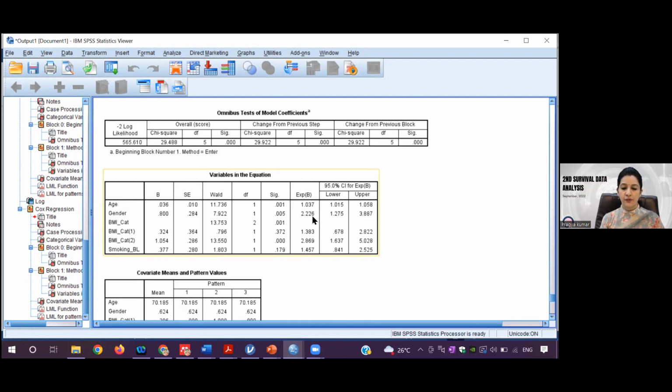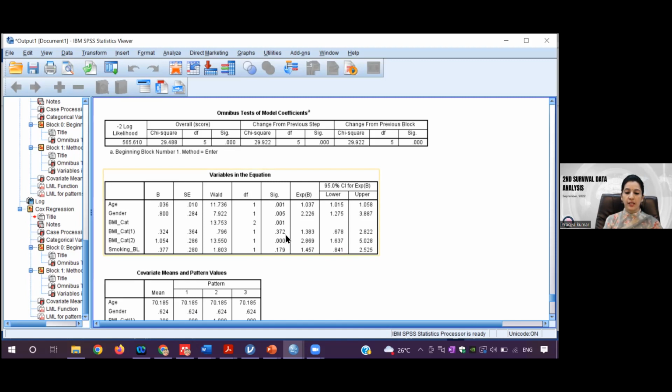In case of a categorical variable, we take the reference. Like in case of gender, how will you say that? Male is my reference because male was coded as 0. So I can say that the hazard ratio for experiencing a second attack of MI is 2.2 times in female as compared to male, and which is significant because it is 0.005.